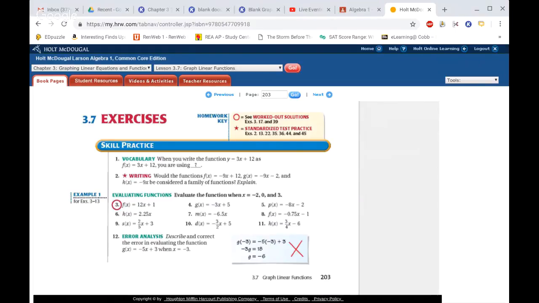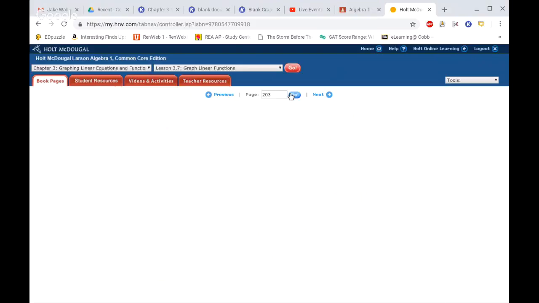On numbers 3 through 11, where you had to evaluate the function at a particular x value, there will be 2 of those, except you're going to only be evaluating for one value. You know how y'all were not very happy with me yesterday because you had to do each one for 3 different values? Yep. You will only have to do it for one value. There are 2 problems like that.